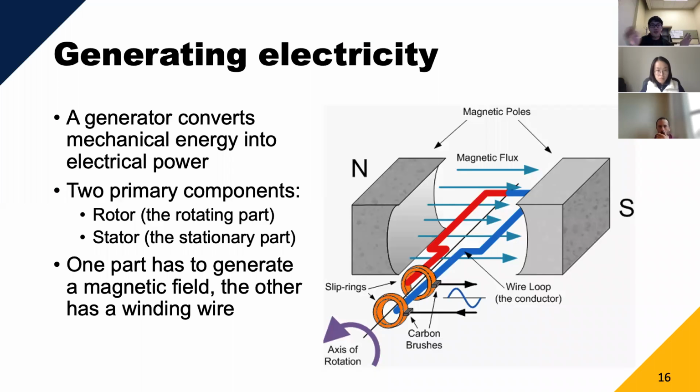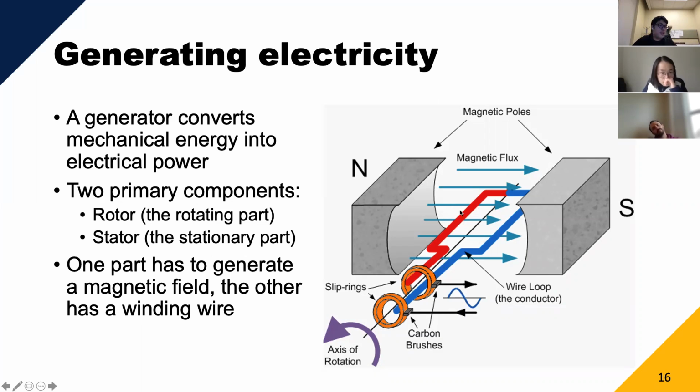Almost all the electricity that is produced, with the exception of solar energy, wind, nuclear, coal, natural gas, all produce electricity essentially by spinning something through a generator.